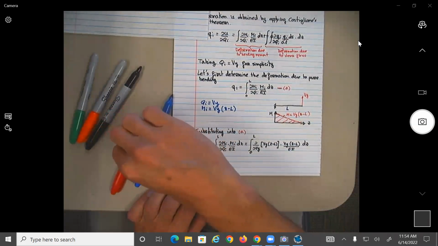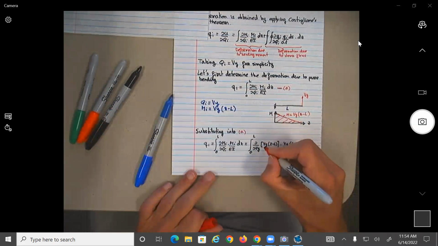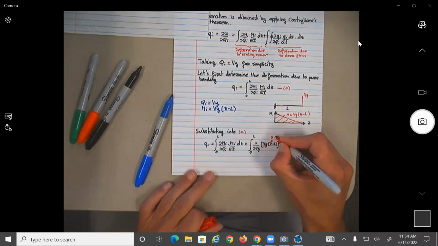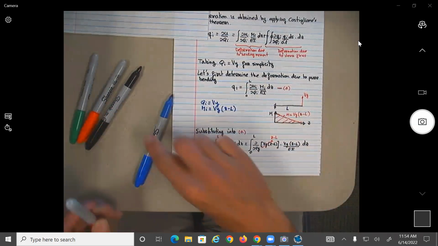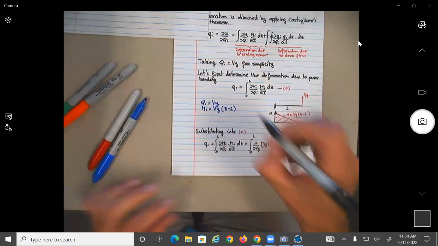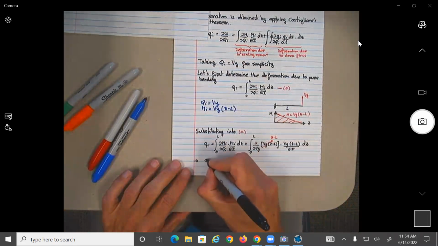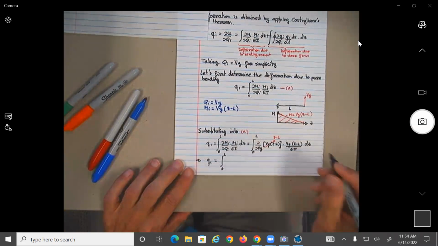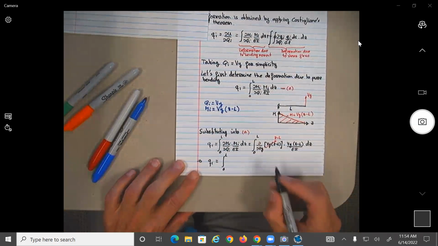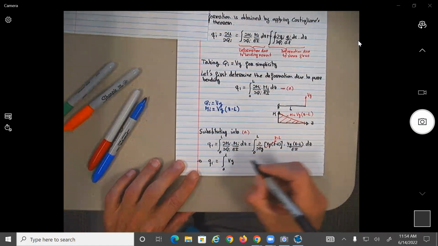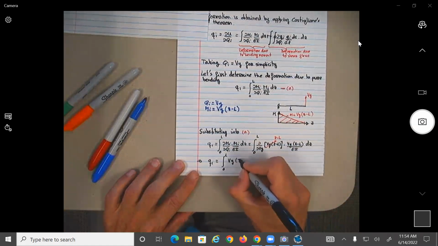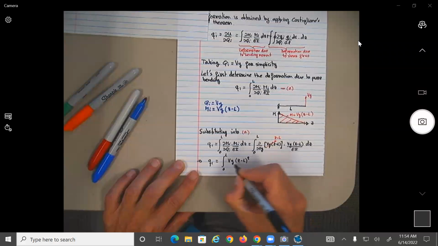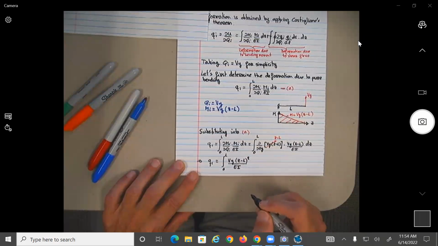What would be the partial derivative of this term? Z minus L. So basically we're going to have Q sub 1 equal to the integral from 0 to L of Vy (Z minus L) squared times dz.